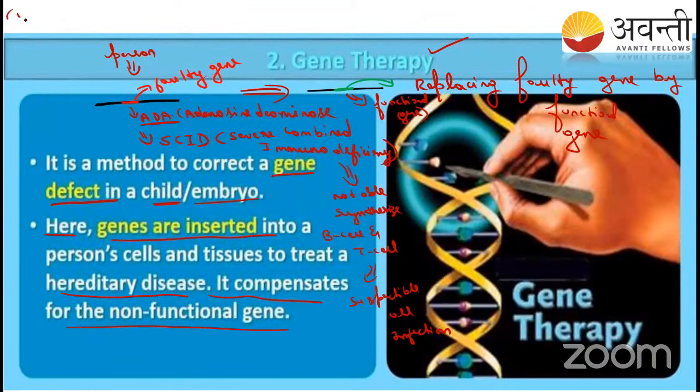The first is in somatic cells. If an adult has a faulty gene in his genome, we remove that gene and replace it with the functional gene. That is somatic cell therapy.